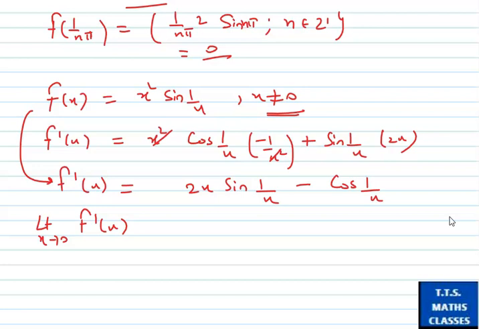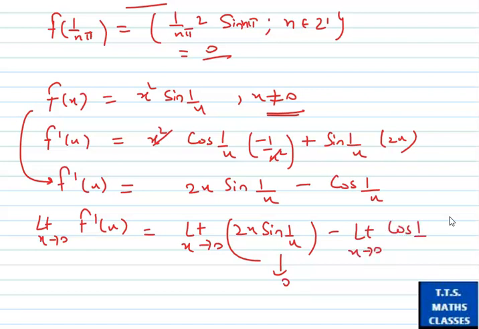When we put x approaching 0, the first term becomes 0, and the second becomes cos infinity.